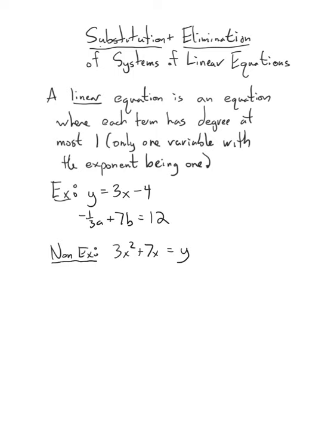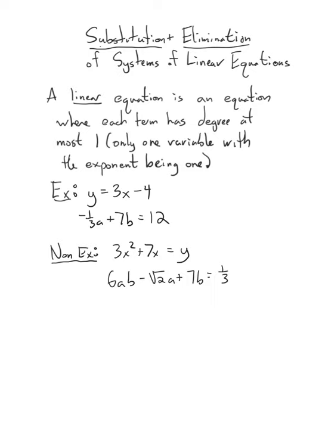Or you could have something along the lines of 6ab minus square root 2a plus 7b equals a third, for example. Again, in that first term right here, we see a problem. Our term doesn't have one variable, it has two variables. So these guys are not linear, or these guys are.